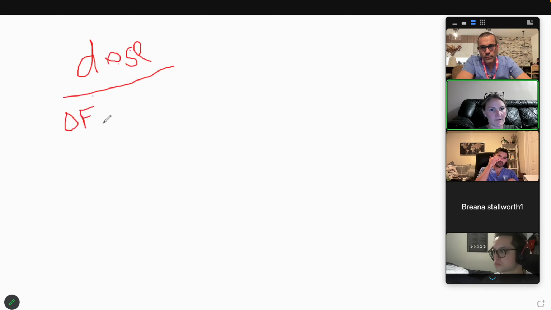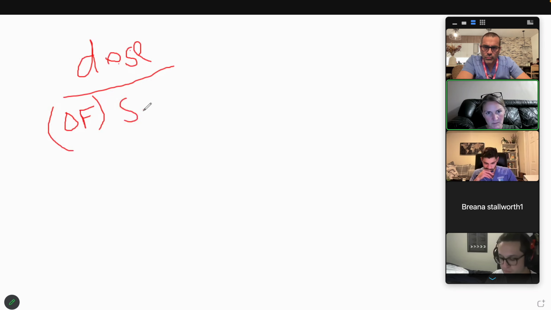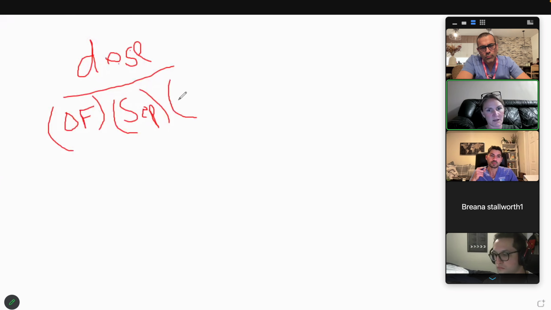You can have Sp and Sc, scatter from the patient and scatter from the collimator. Most of the time, these are put on the same chart. And then you'll either have PDD or TMR, depending on what kind of calculation you're doing, correct?